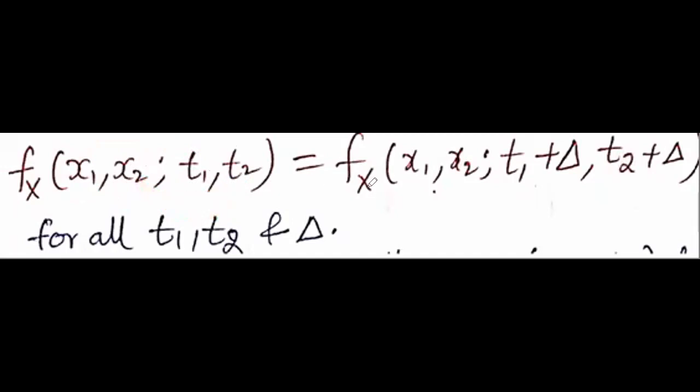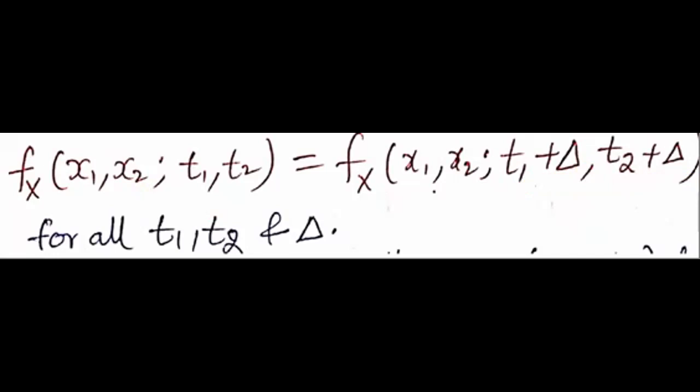And for the same consideration, the realization should be like this. That is, observe the RHS here. While we consider t1, we are going to use t1 plus delta. And for this t2 also, we are adding delta, right? So what is delta? We had discussed previously, right?